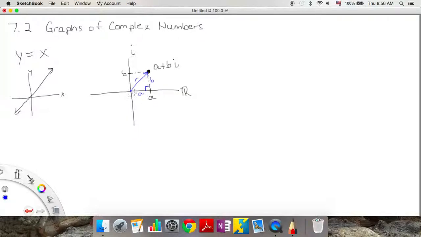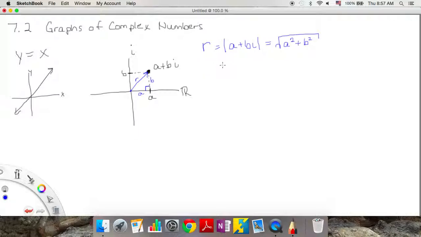We use this number r in several different things, and r is the absolute value of the complex number. The way we calculate that is with the Pythagorean theorem: r is the square root of a squared plus b squared. We have the real part and the imaginary part, and we use the Pythagorean theorem to find r.